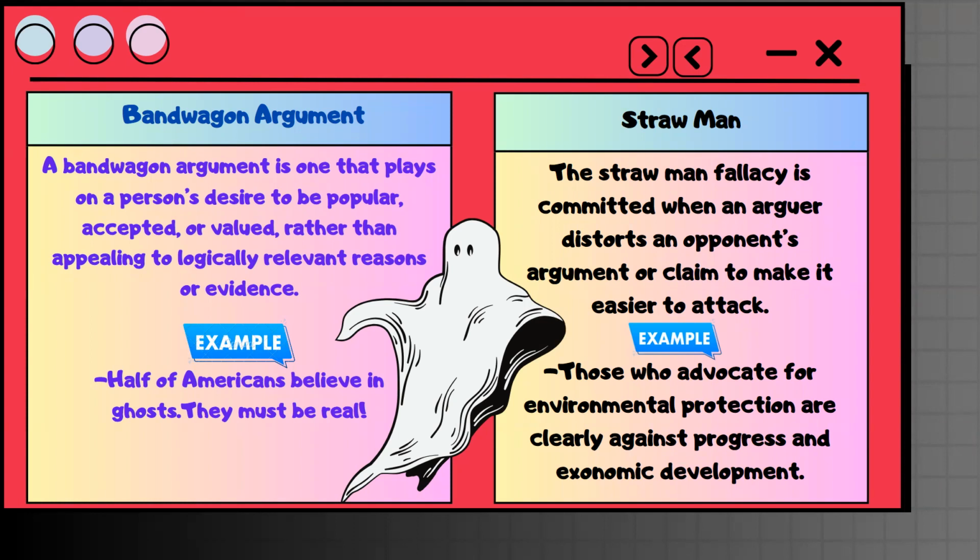occurs when someone distorts or exaggerates another person's argument and then attacks the distorted version of the argument instead of genuinely engaging. And there's an example. Those who argue for environmental protection are clearly against progress and economic development.